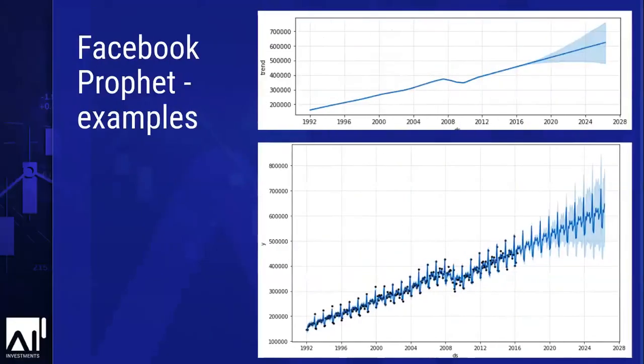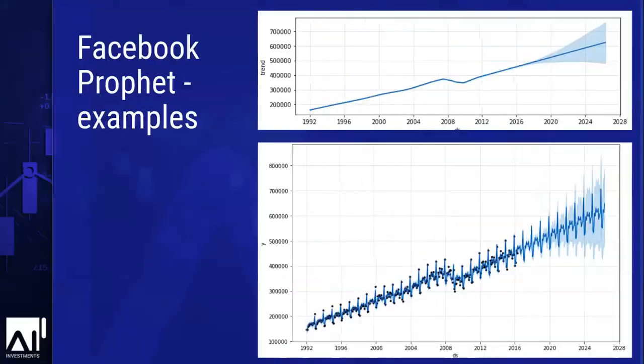A very interesting feature of Facebook Prophet is that we can predict not only the certain value, but also the upper and lower confidence band. Thanks to that, we are able to determine the range of the future values.